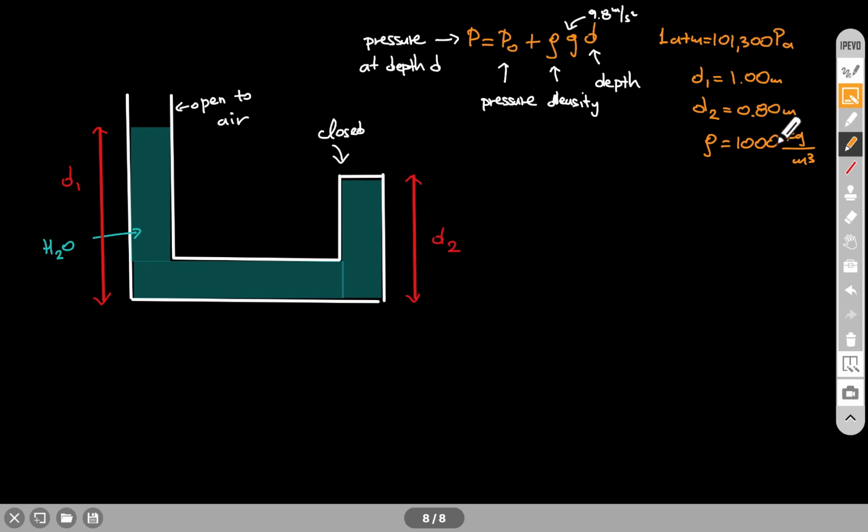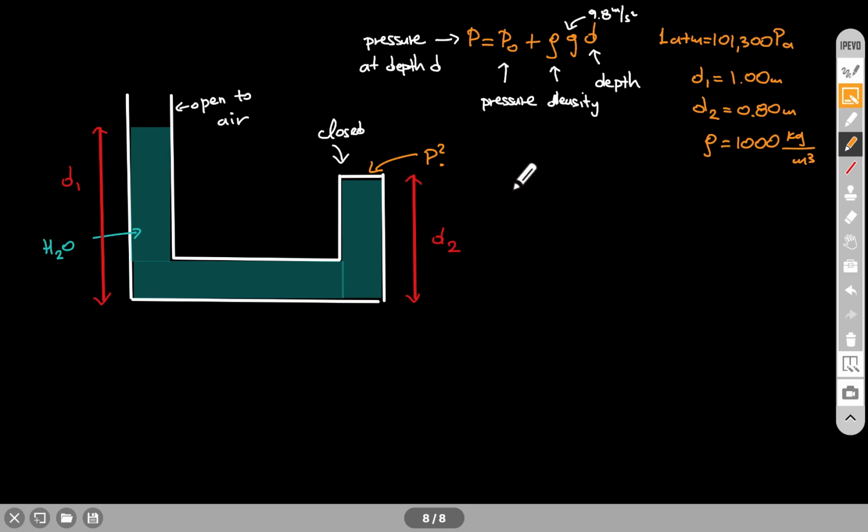This is the density of water, which is the fluid that I have here. What the problem is asking us to find is the pressure of the water at this point. So my goal is to find the pressure here.